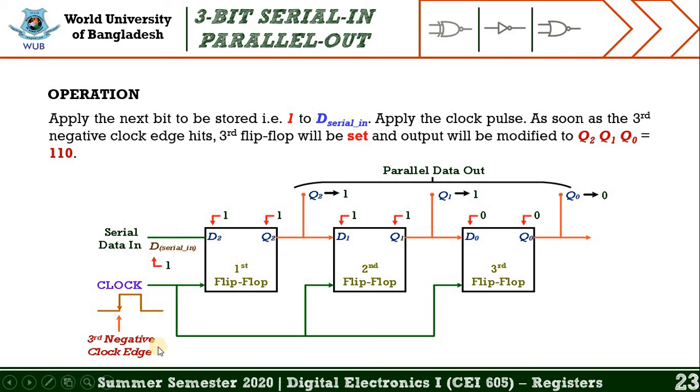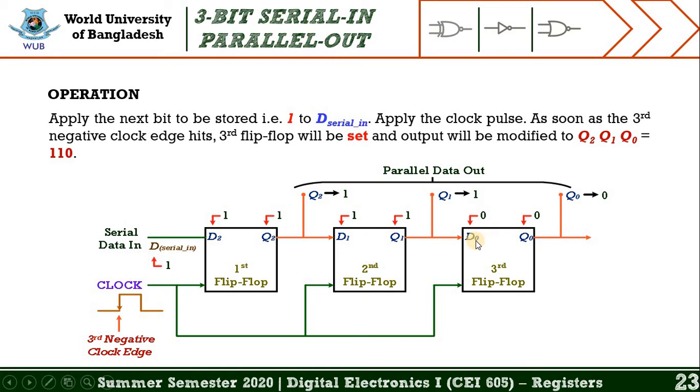If you look at the figure, you may find the value of D serial in is equal to 1. That's why the value of D2 is equal to 1 and the value of Q2 is also 1. If you look at the second flip-flop, since Q2 is connected to D1, the value of D1 is equal to 1 and the value of Q1 is also 1.